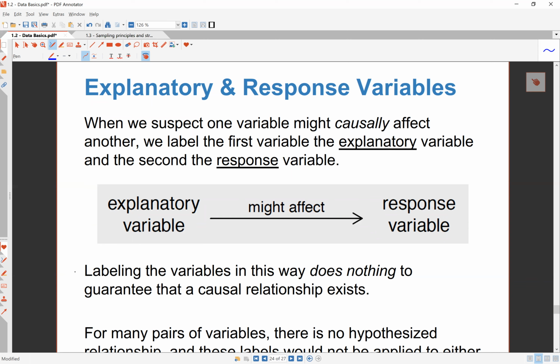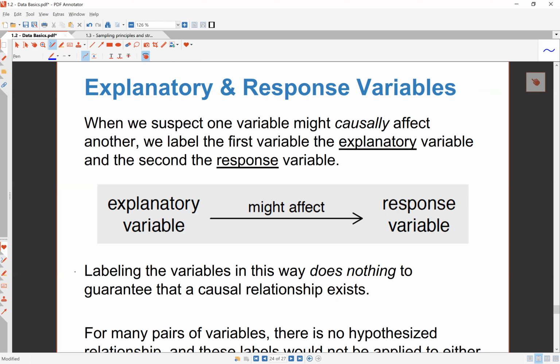So the explanatory variable is the one that might affect the response variable. So just remember, these are labels that we apply. It still doesn't mean that there's a causal relationship. We are just conveying with the language that we suspect there may be a causal relationship and which way around it works.